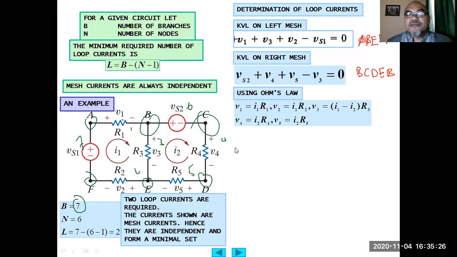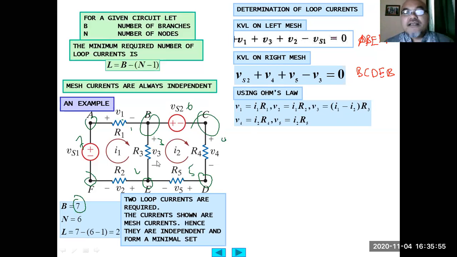Then using Ohm's law, you replace the voltage in the loop equation with the loop current multiplied by the resistor. So V1 is replaced with I1 R1, V2 is replaced with I2 R2, and V3 is replaced with (I1 minus I2) R3.